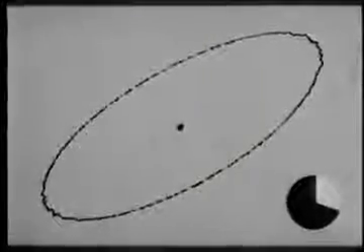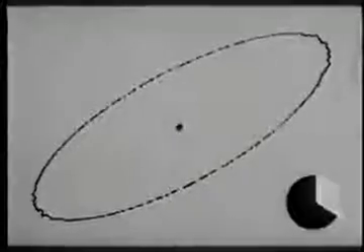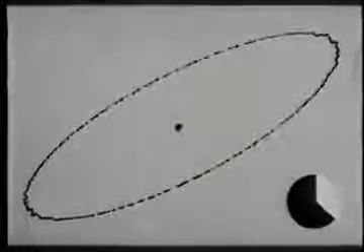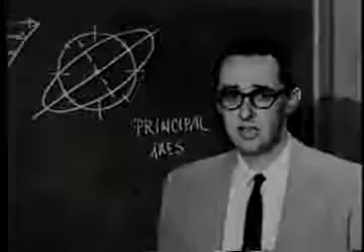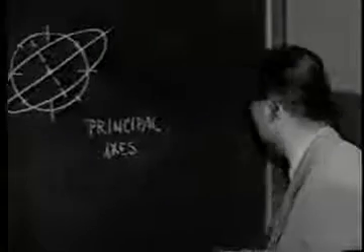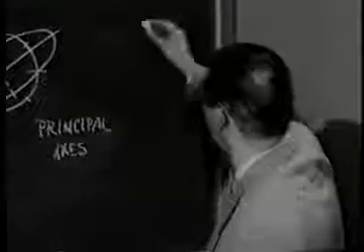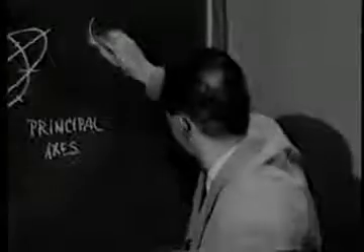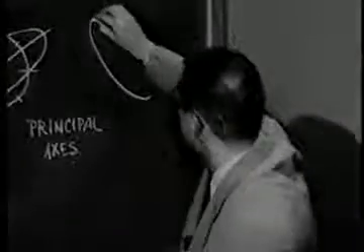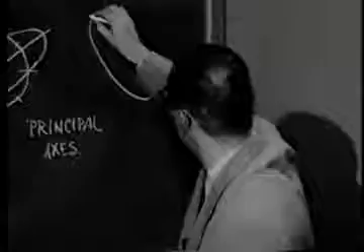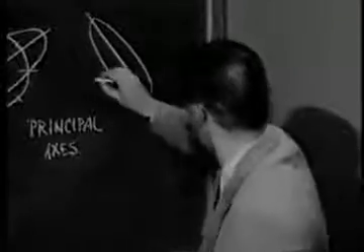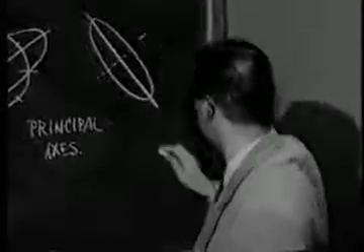This stretching without rotation is called pure strain. And to study it, we can make up a pattern based on the reciprocal strain ellipse and its major and minor axes. Now, actually, we don't need the ellipse itself.